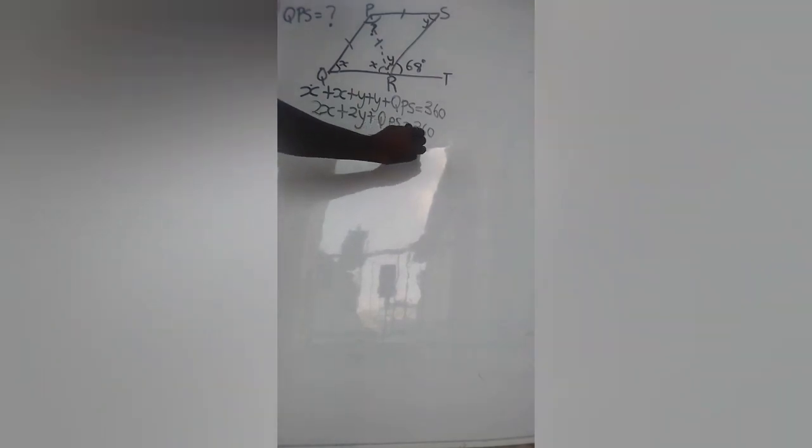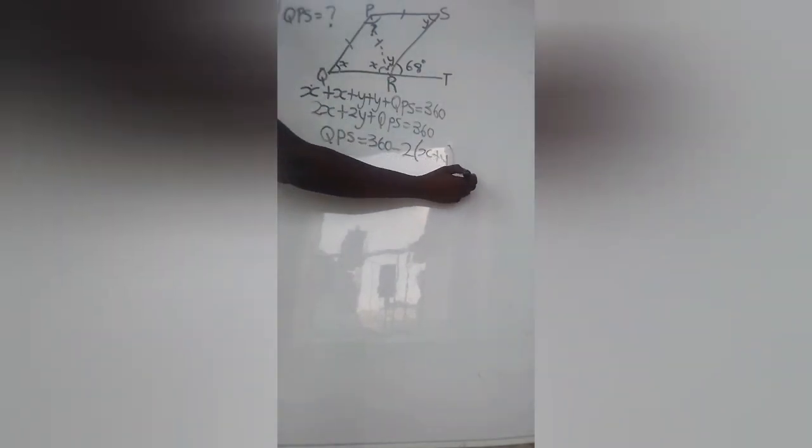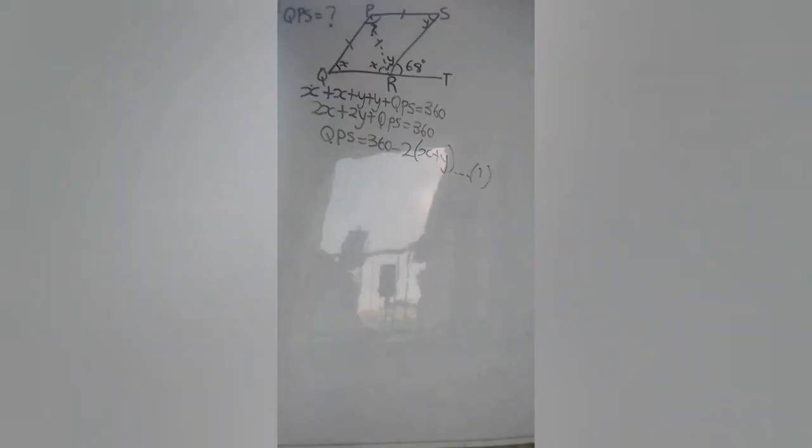Now QPS will be equal to 360 minus 2(x plus y). Let's call this equation 1. On the other hand, you can see that x plus y plus 68, three of them are angles on a straight line.